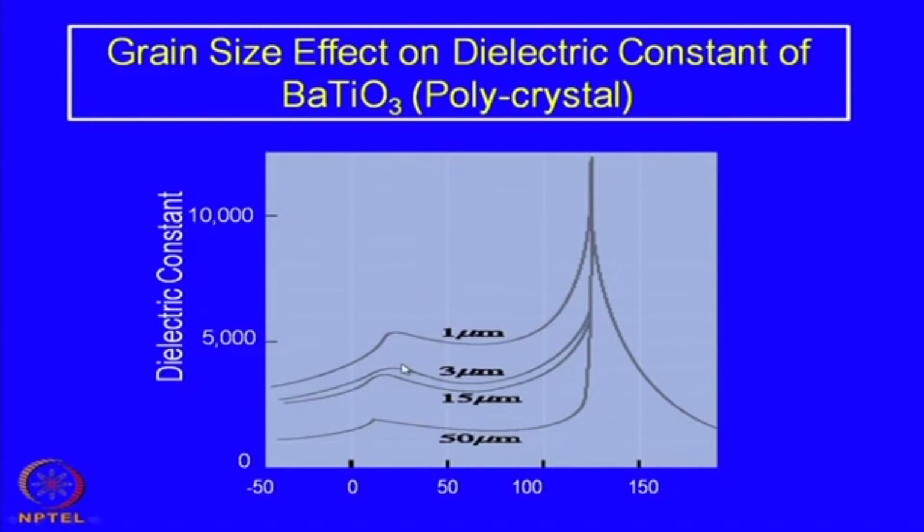Because of that, the temperature stability of this dielectric material is not so good, and the dielectric constant changes with temperature, okay. That is one of the major problems, because there is an instability in the capacitor value due to the change in dielectric constant as a function of temperature.